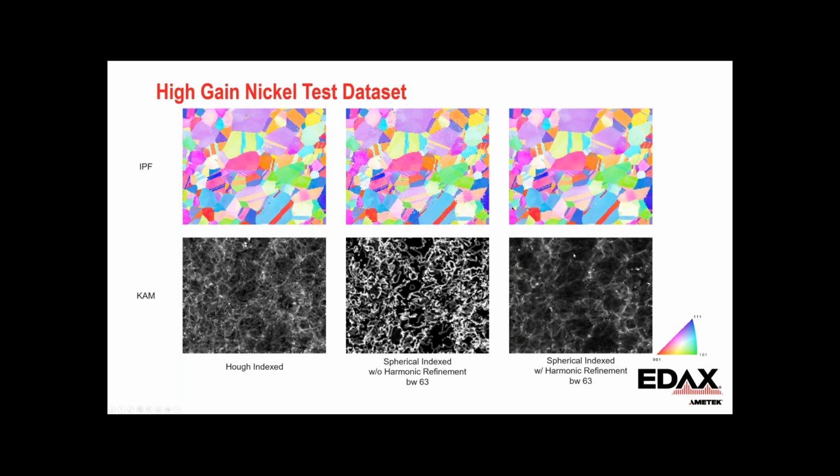And on the right is after refinement. And the bottom is showing kernel average misorientation. And you can see that the noise threshold is much lower in the refined spherical result than in the Hough result. So we have less orientation noise, better precision.